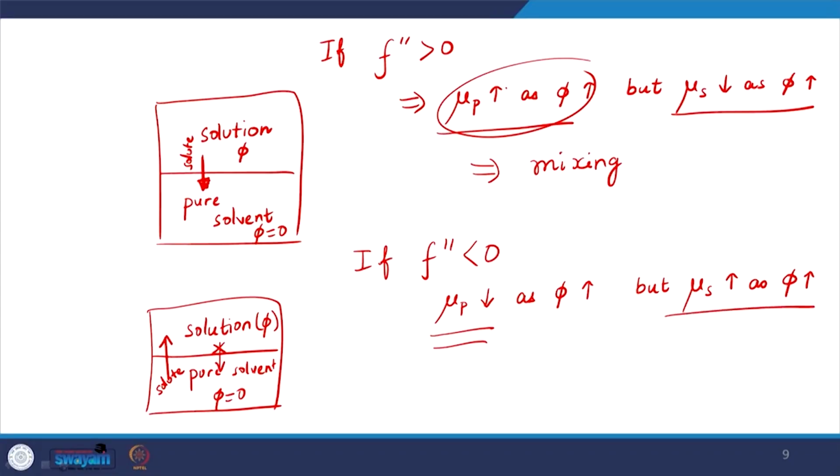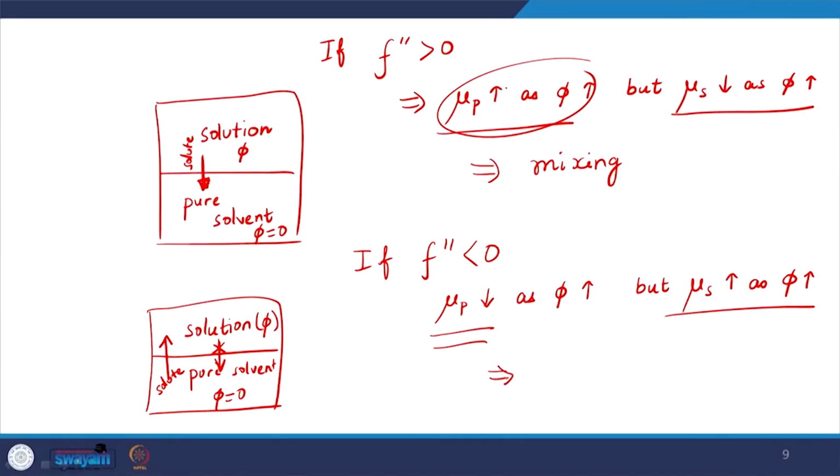So we cannot have a tendency for a solute to go from the solution phase to the solvent phase. Similarly, the chemical potential of solvent also increases as phi increases, so any solute transfer from solution to the solvent will increase the chemical potential, and that is also not favored. Therefore, the system will have a tendency to phase separate.